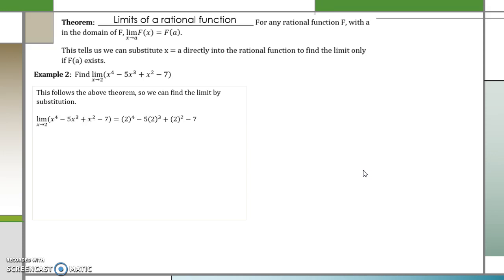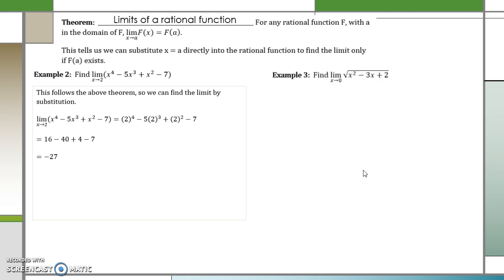So 2 to the 4th minus 5 times 2 cubed plus 2 squared minus 7. When we multiply and we use our powers, we get 16 minus 40 plus 4 minus 7. Adding and subtracting gives us negative 27. So the limit as x approaches 2 is negative 27.